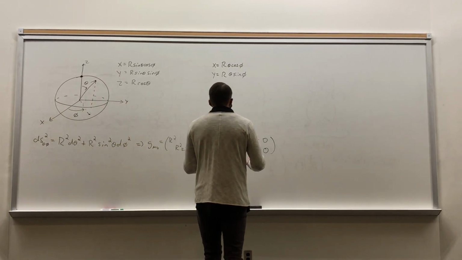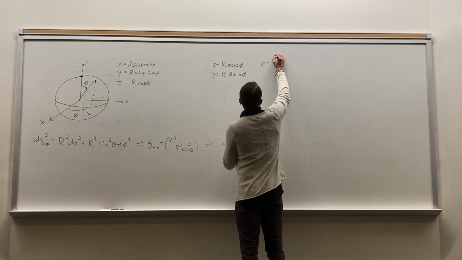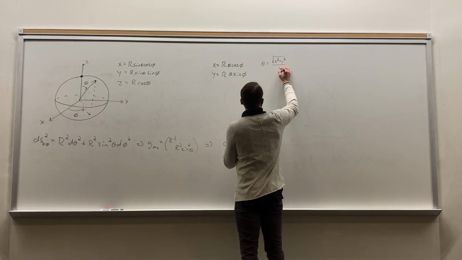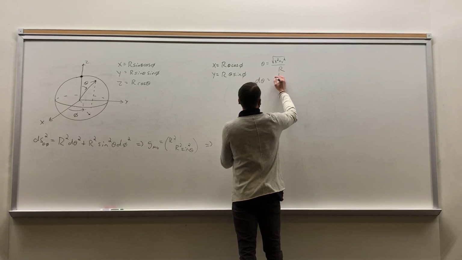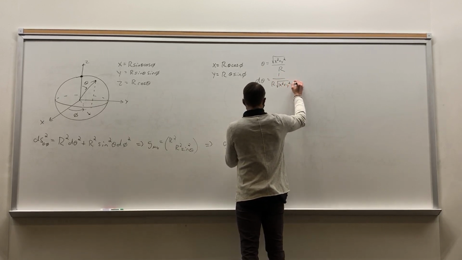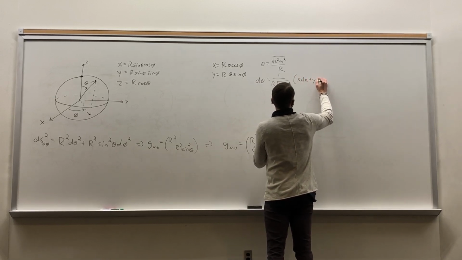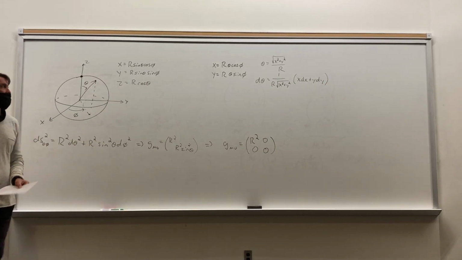So here we go. Let's invert these. Theta equals the square root of x squared plus y squared over r. D theta is 1 over r times the square root of x squared plus y squared times x dx plus y dy. Okay?